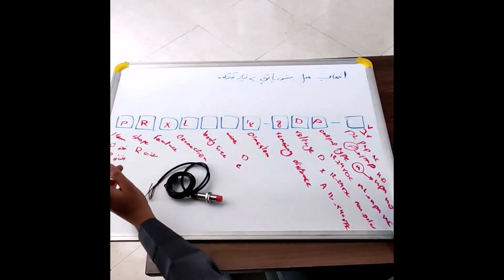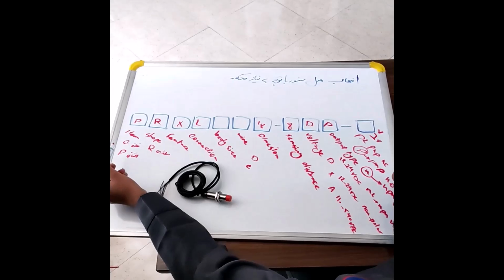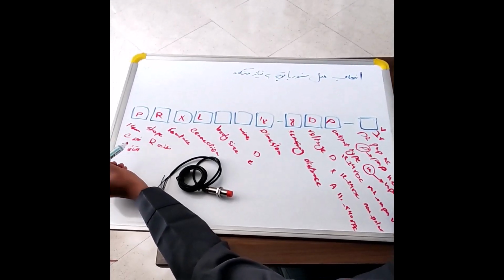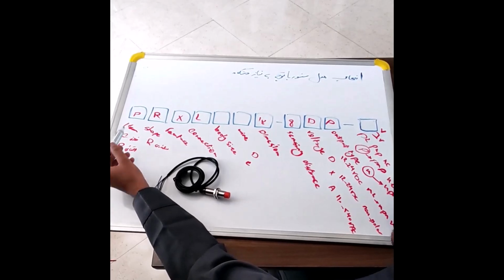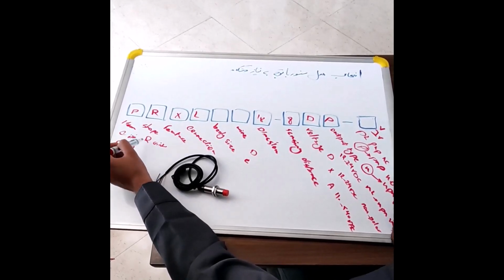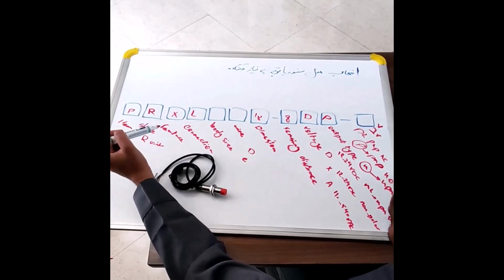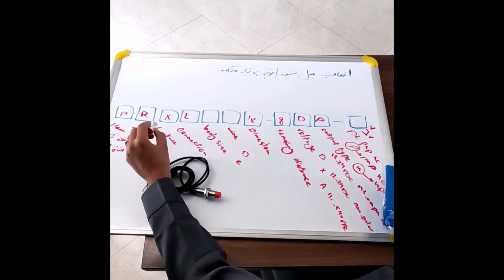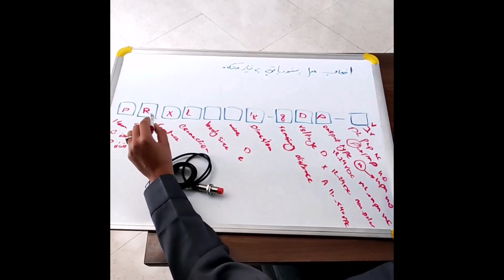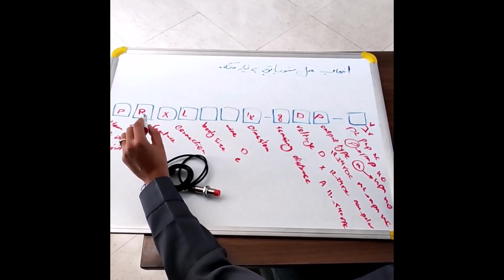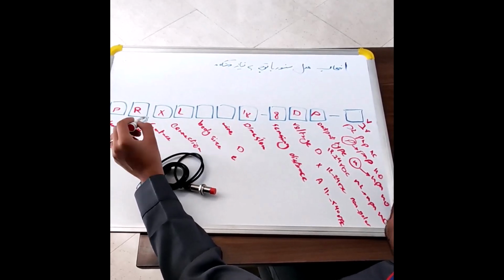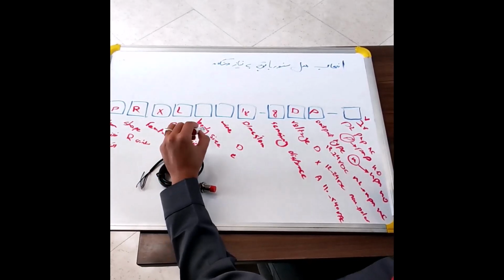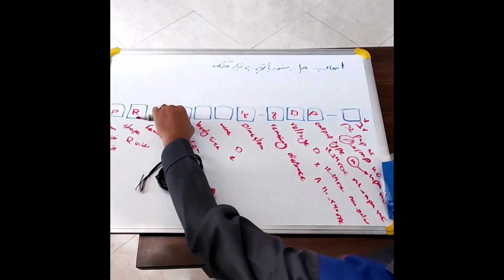So in the first square, if the letter is a C, the sensor is capacitive, and if it is a P, it is inductive. The second square shows the appearance of the sensor. The third square shows the special features of the sensor, that is, the sensor is empty or it is displayed with the letters A and D. The fourth square is related to the type of the communication cable.